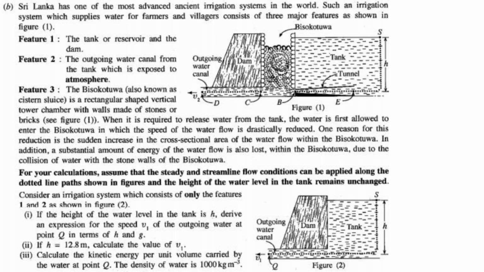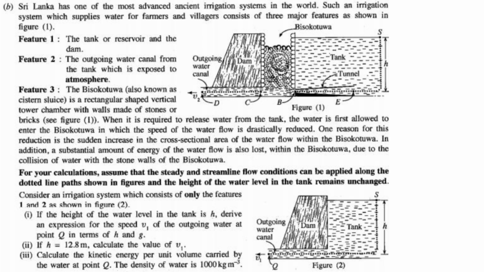Part B. Sri Lanka has one of the most advanced ancient irrigation systems in the world, such as an irrigation system which supplies water for farmers and villages and consists of three major features as shown in the figure. Feature 1, the tank or reservoir and the dam.